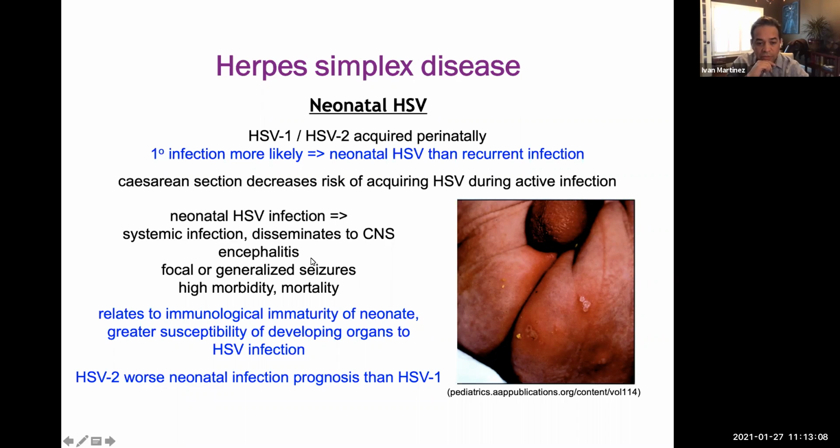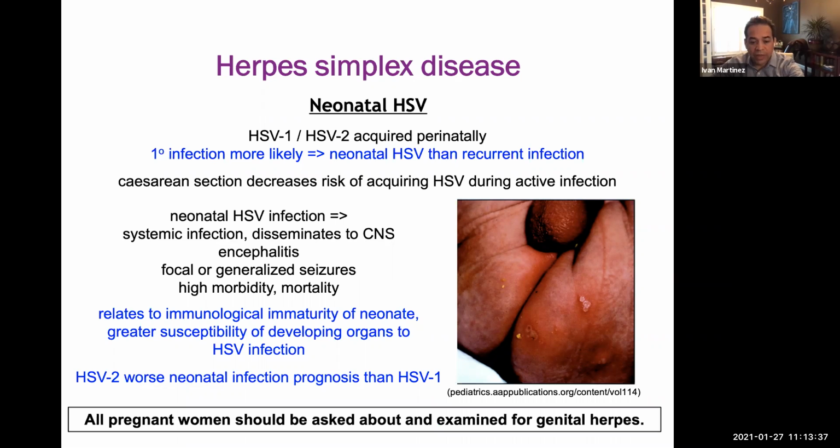This is related to the immunological immaturity of the neonate, and HSV2 is worse in neonatal infection than HSV1, obviously because it's more in the genital area. But definitely, pregnant women have to be aware and careful not to pass it to their babies.